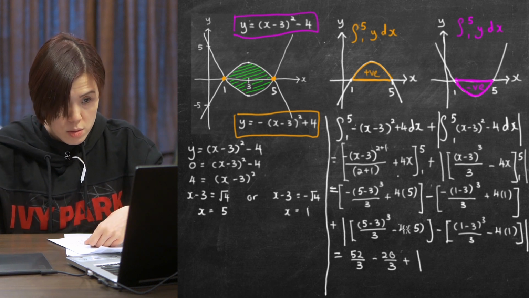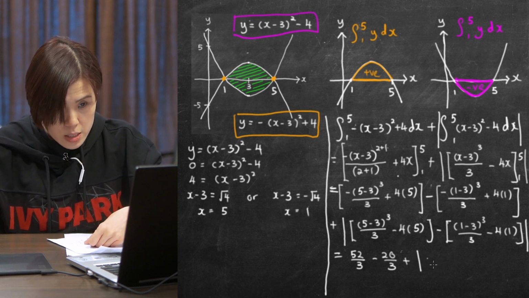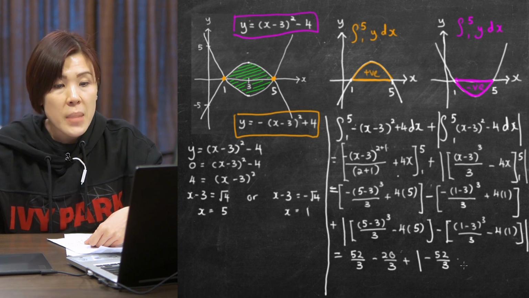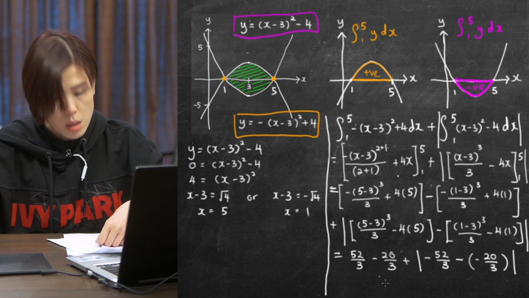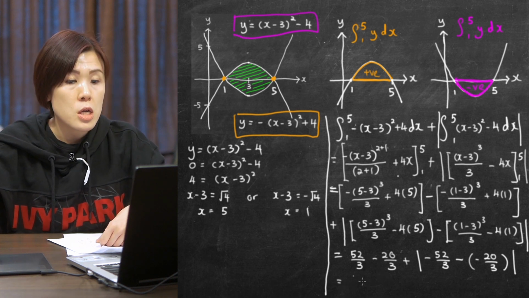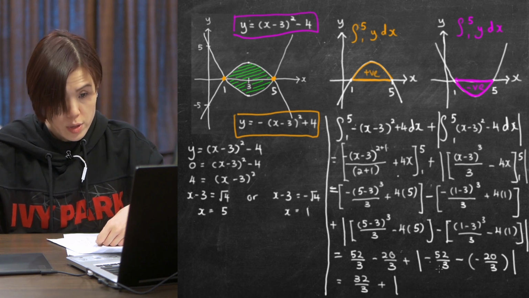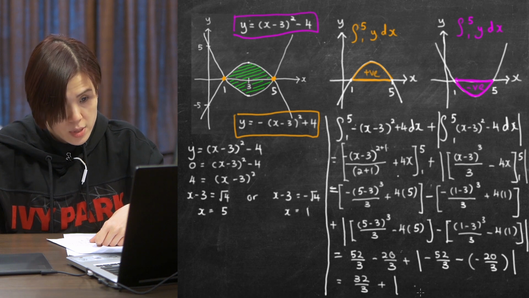So when you substitute 5, you will get negative 52 over 3, and minus this will give us negative 20 over 3. So this will be 32 over 3 plus modulus of, when you key in this thing in the calculator, you get negative 32 over 3.